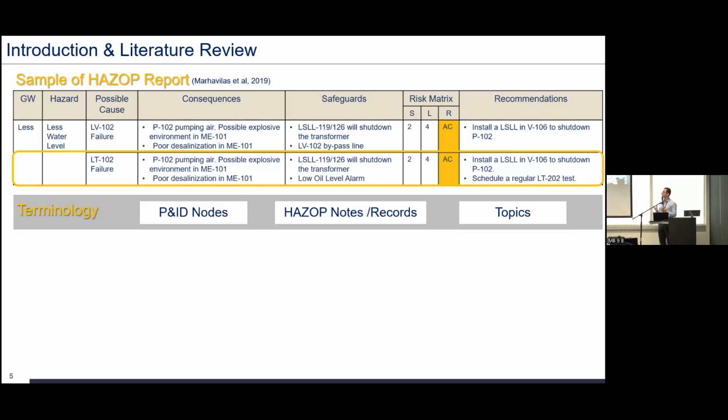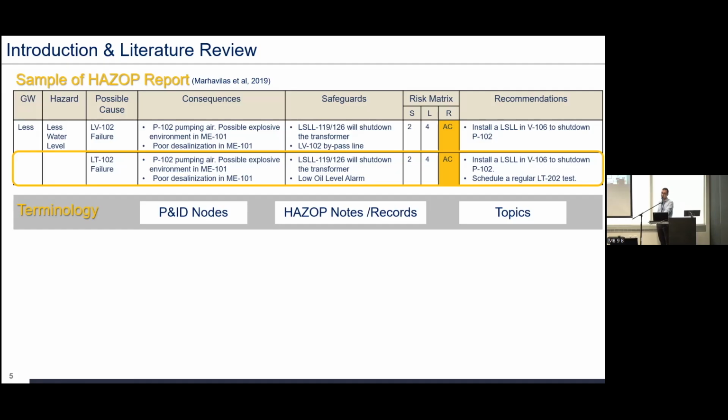We have a P&ID node, which is a small section from the design. We have a HAZOP node or record, which represents each row in the report. And later on, after analysis, we have topics, which represent the main clusters of causes, main clusters of consequences, and main clusters of safeguards and recommendations.